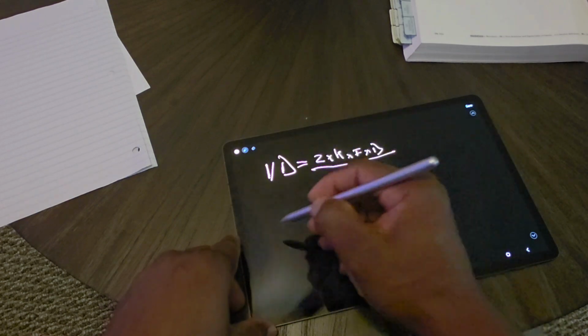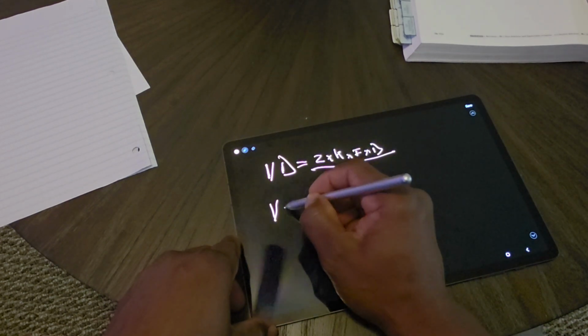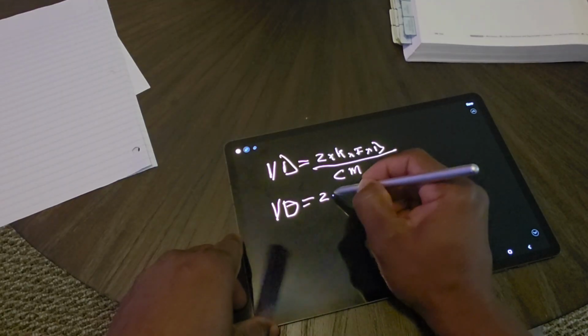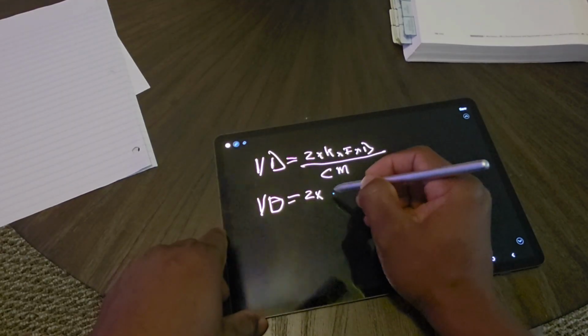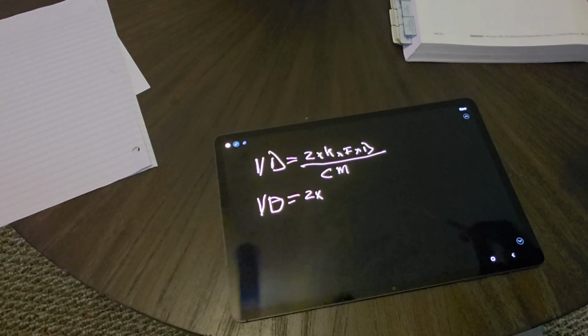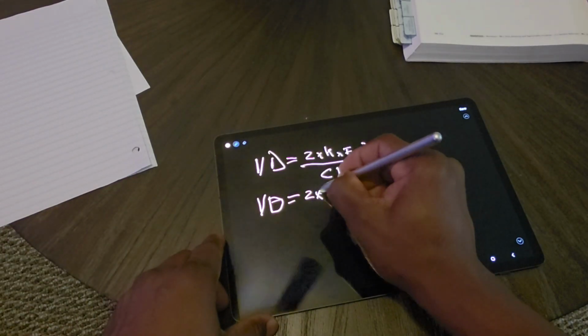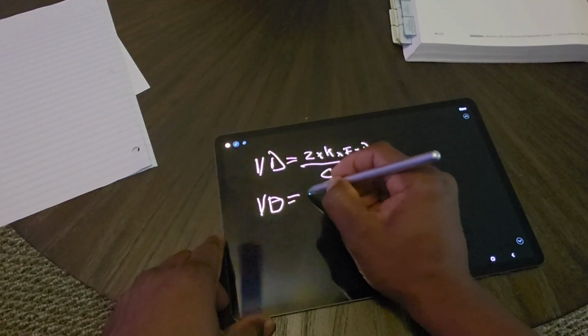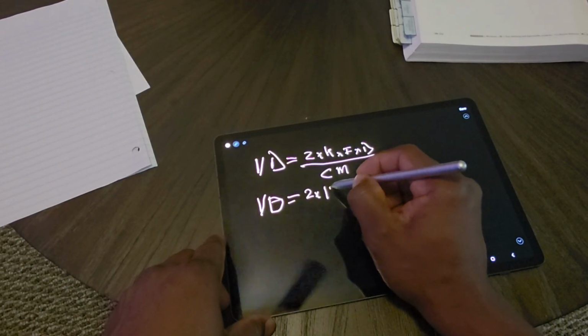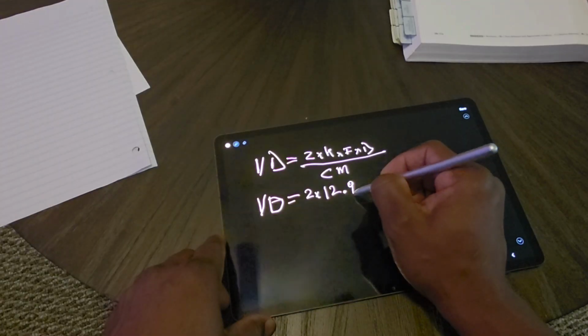We're gonna write this over again. We got our first number, which we already had here. And then our second number, which is on copper, is 12.9. That's gonna be your K factor.